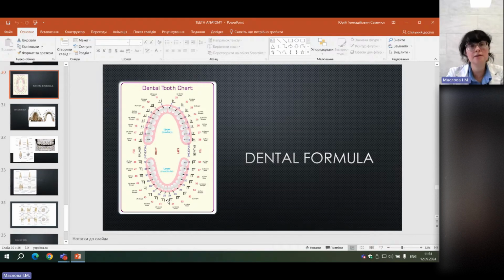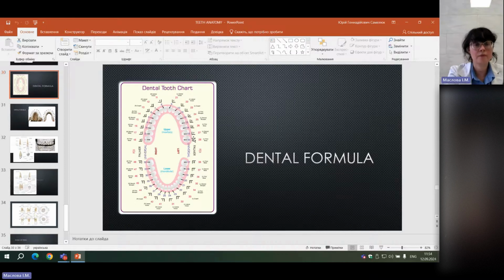And the next number of the code is the number of the tooth from the central line to the last tooth in the half of the jaw.